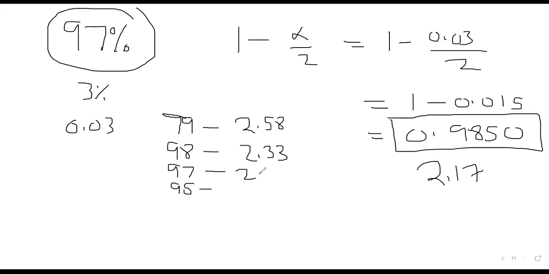Look at the screen. 2.17. 95? 1.96. 90? 1.645. 80%? We calculate, we don't have it. All right. So 80%, we don't have it.